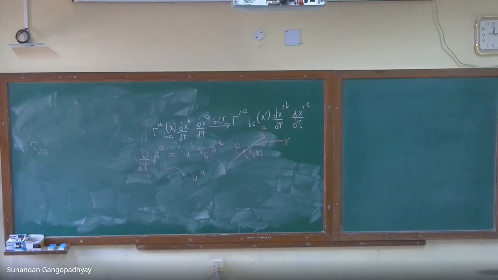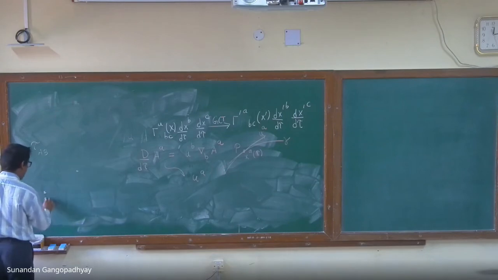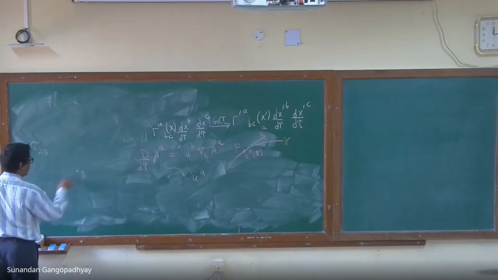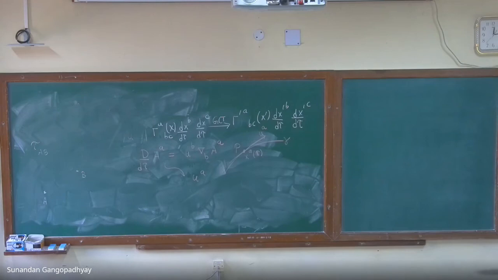This is A and this is B. Let tau AB be the proper time taken by a free particle to move from A to B. What will be that?